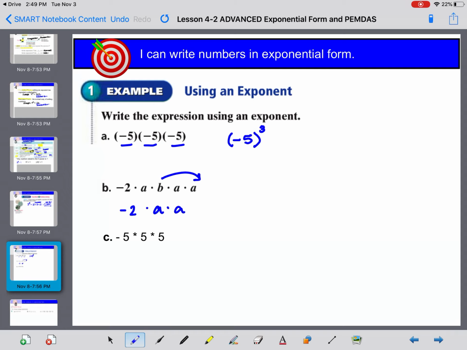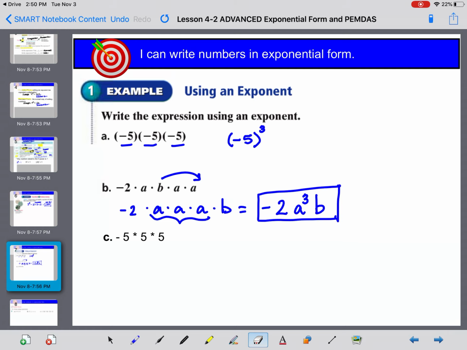Times A times A times A times B. So negative 2, and then I have A repeatedly being multiplied to the 3rd power, and then B. This is as simplified as I can get it. Notice I only put together the ones that were the same variable.